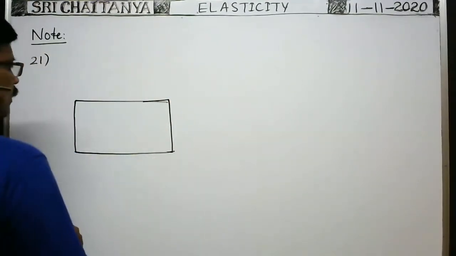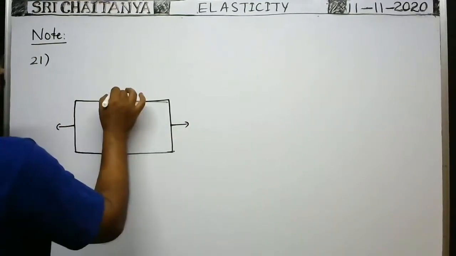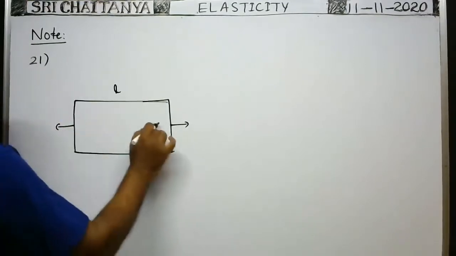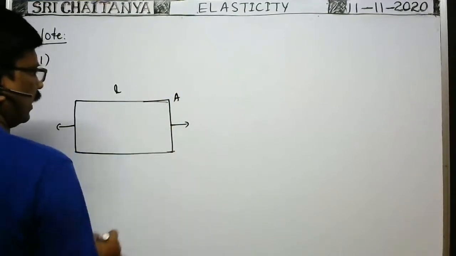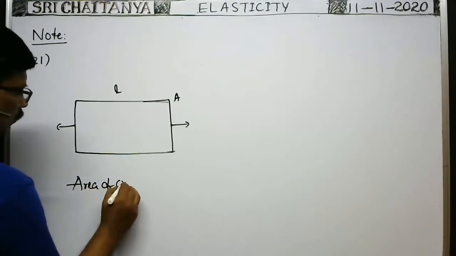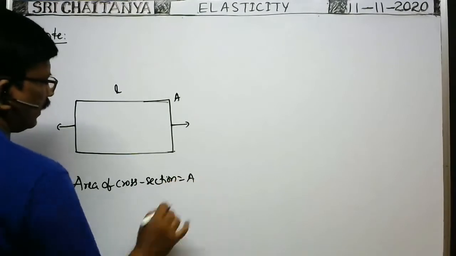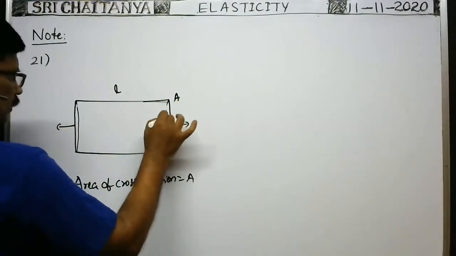This rod has total length L and is pulled along its axis. The area of cross section of the rod is A. Area of cross section of the rod means this one.